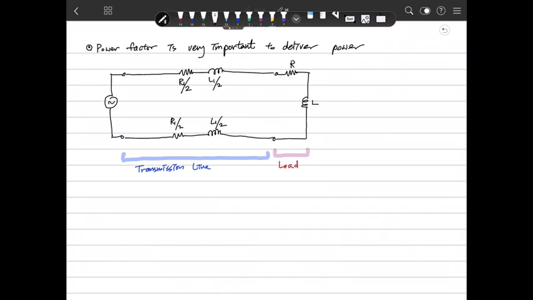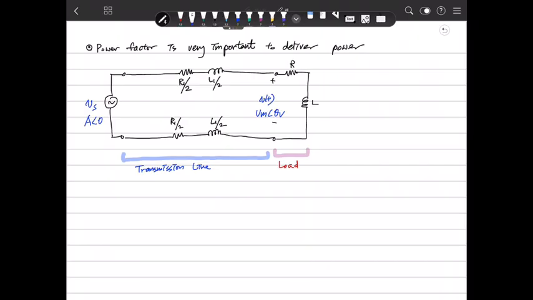The target is to deliver the power to the load. So we need to make this voltage exactly Vt, Vm angle theta V, even though this is Vs, at an angle of 0.